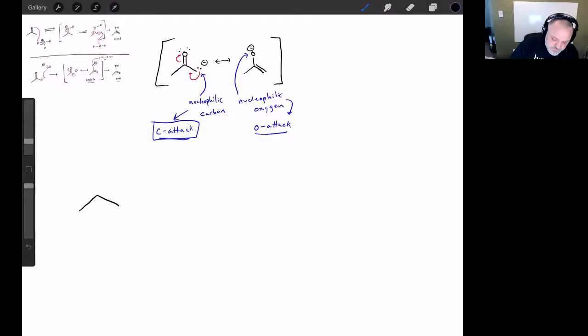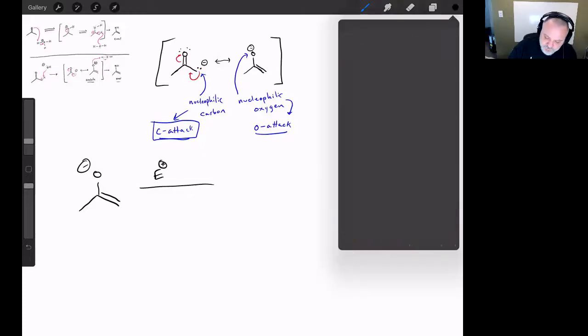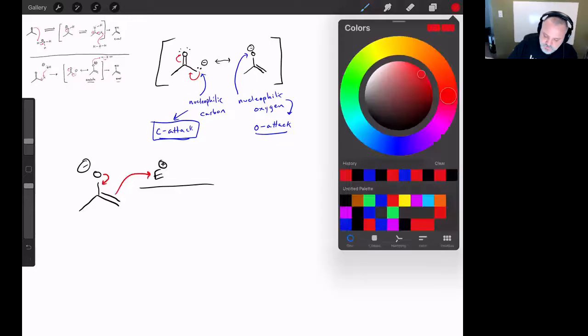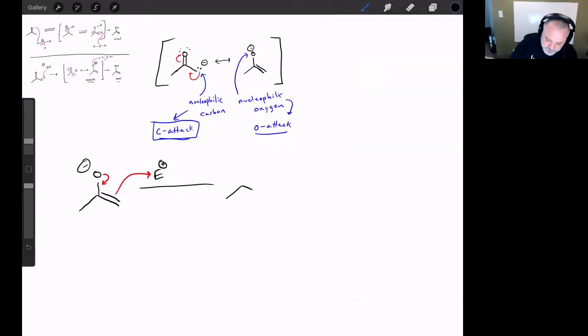I could start with the enolate and, given an electrophile, I can show the carbon attack this way.